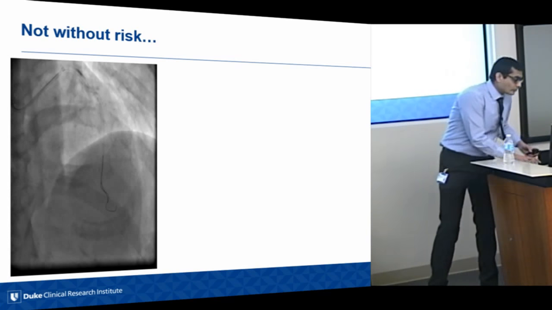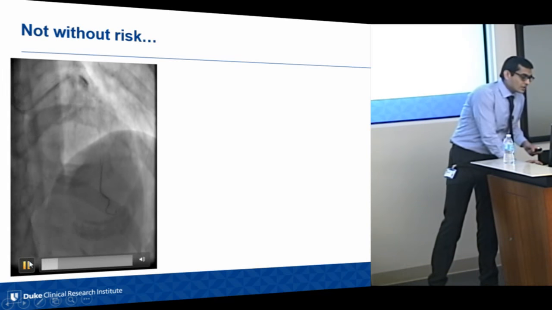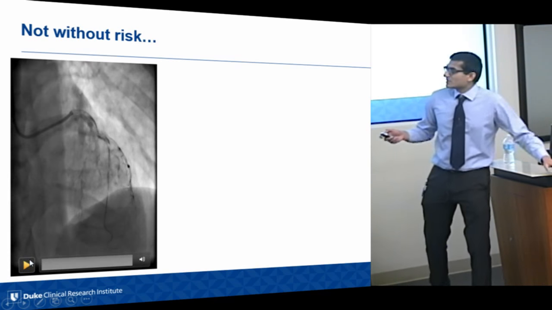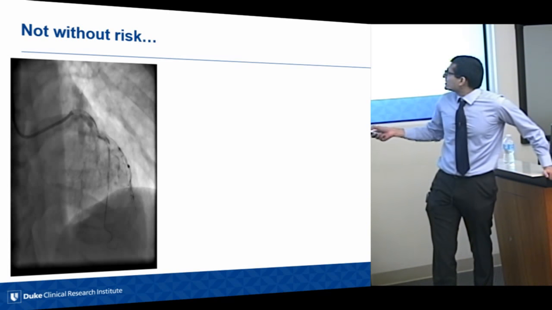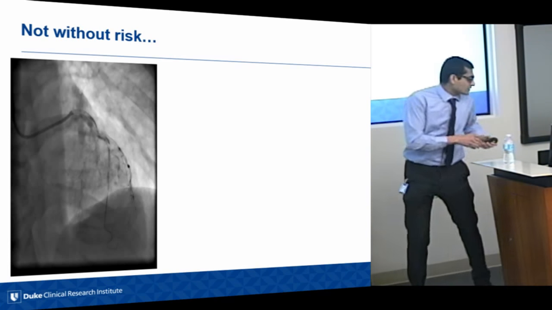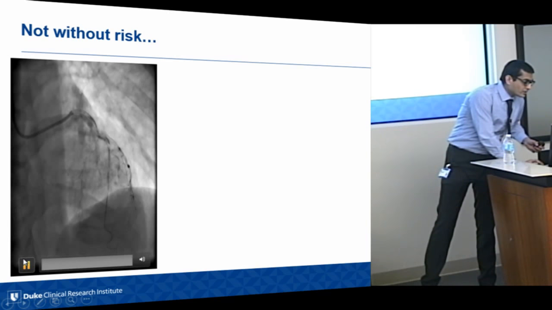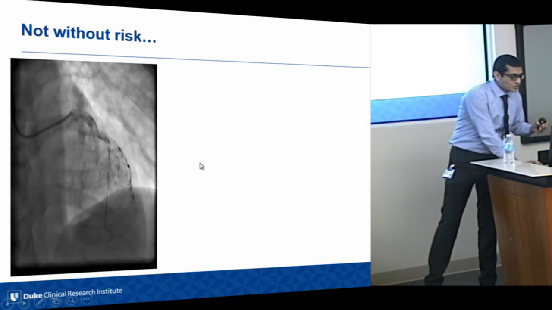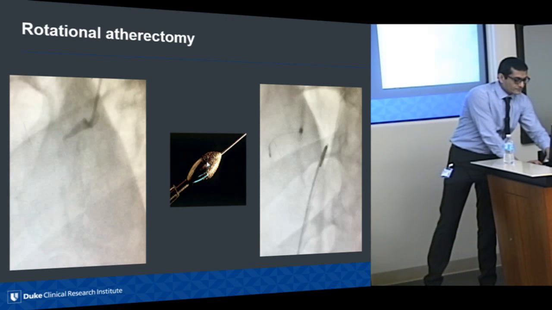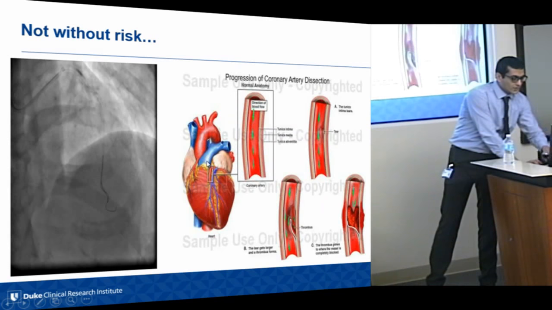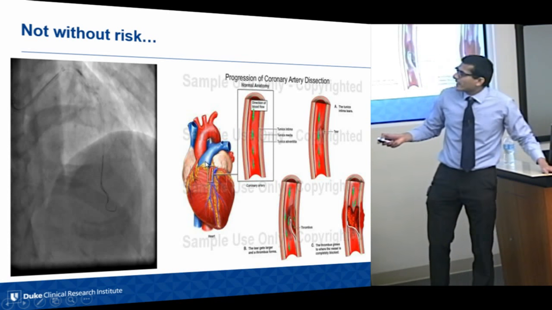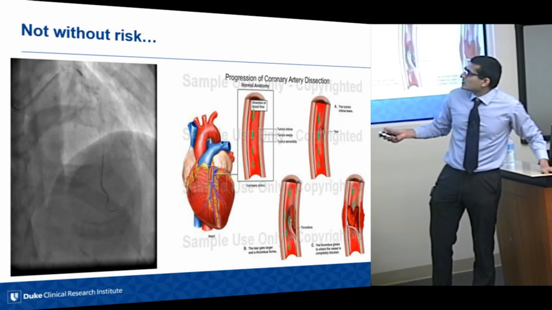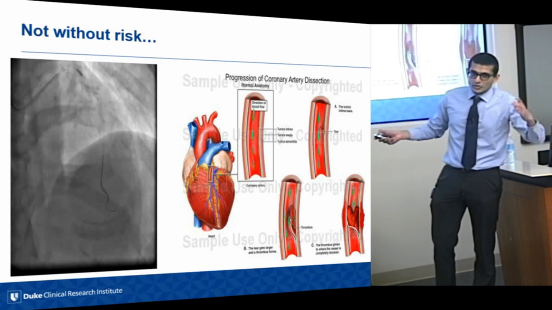Here I'm not sure if this is going to play, but essentially what we see is two layers. I think the videos are really choppy, but there are two layers like a train track that you see up here. And essentially what's happened is that this catheter that was sitting in the artery pokes through, creates a little tear, and as blood flows through, this tear becomes bigger and bigger.